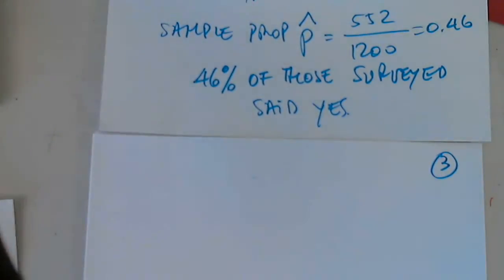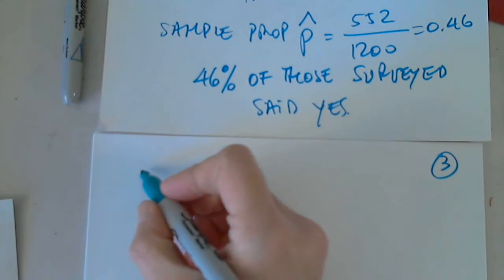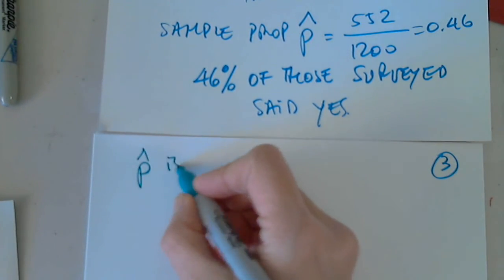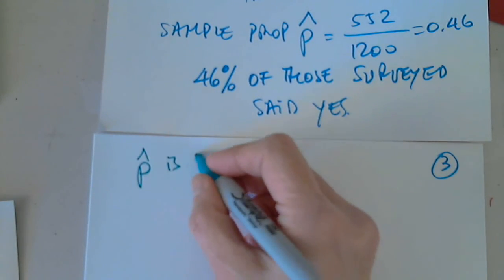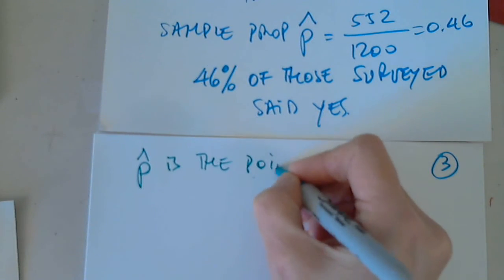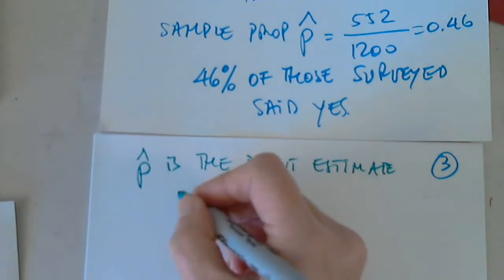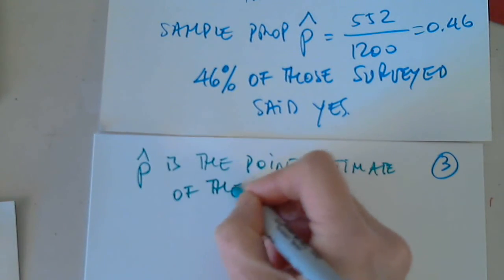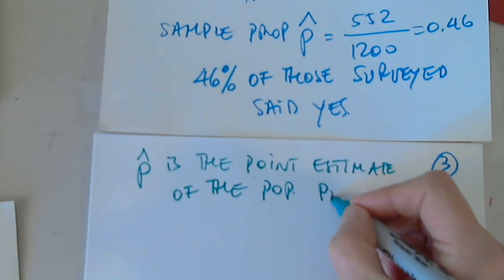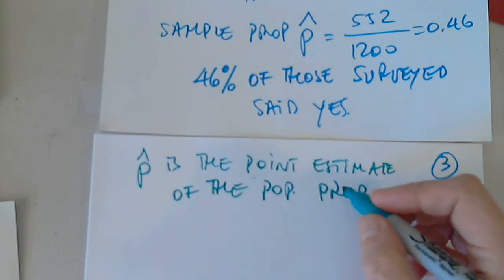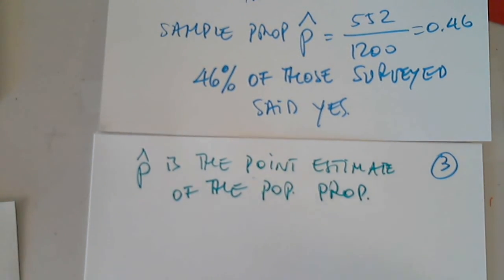Okay, so what does p hat represent? It is the point estimate of the population proportion of all people who work over the summer.